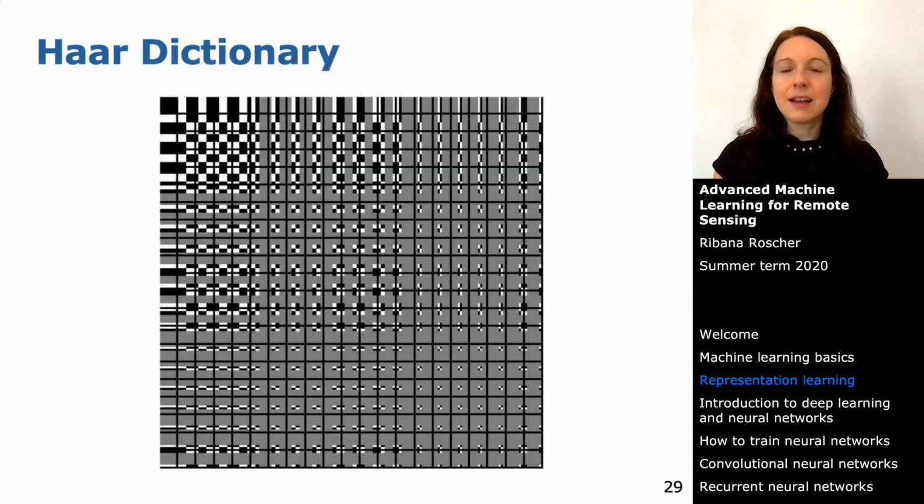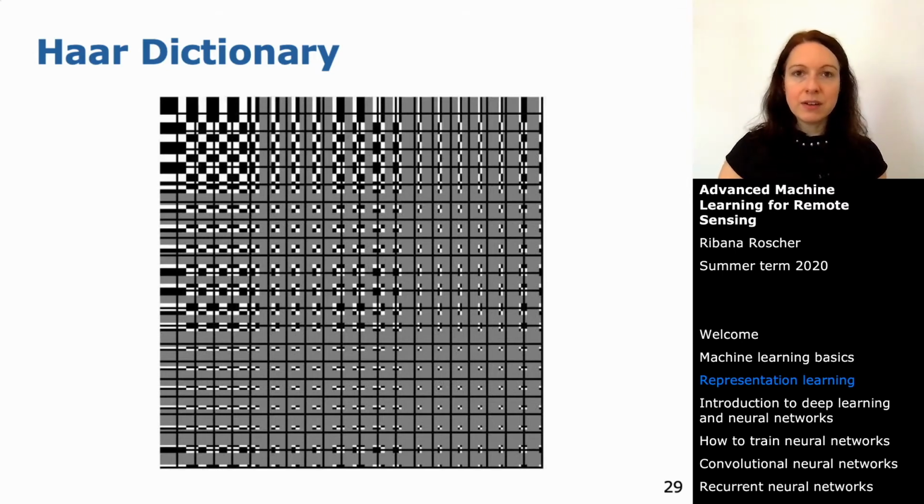Let's start with one of the most commonly used synthetic dictionaries, which is the Haar wavelet dictionary. A Haar wavelet dictionary, as the name says, contains Haar wavelets, and Haar wavelets are a sequence of rescaled square-shaped functions, and if you apply this function to image processing, you end up with such typical image patches, and these image patches are vectorized and collected in the dictionary.